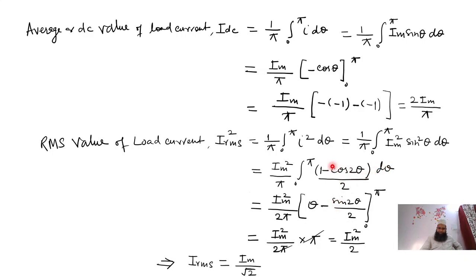We can integrate this. The integration of 1 will be theta and of cos 2 theta will be sin 2 theta upon 2. From limit 0 to pi we can put this limit, the sin 2 theta by 2 will be 0 for both limits, for 0 and for pi.